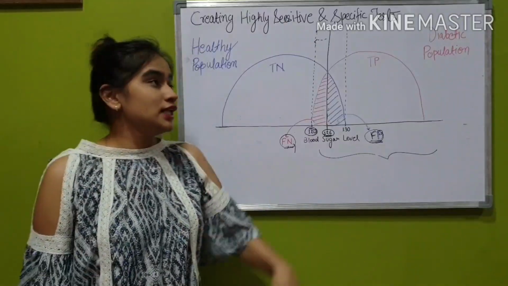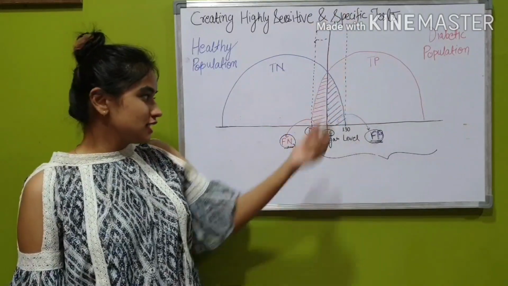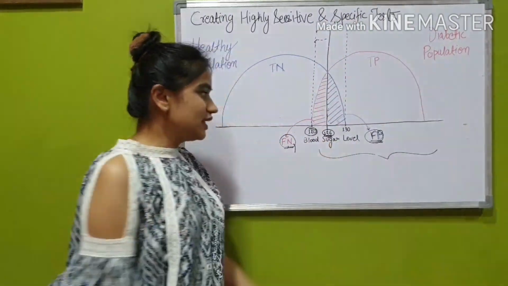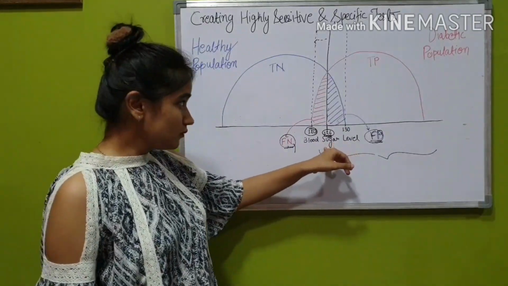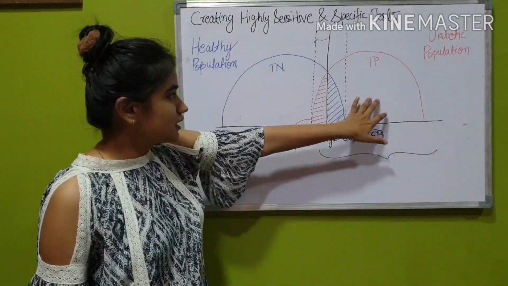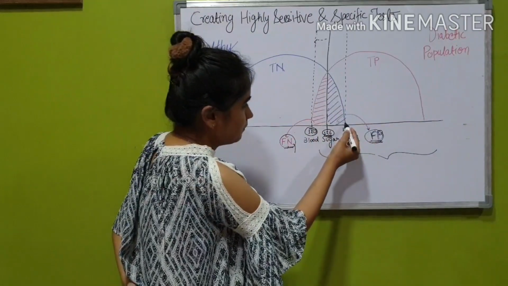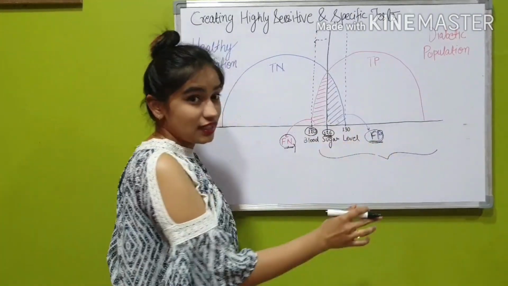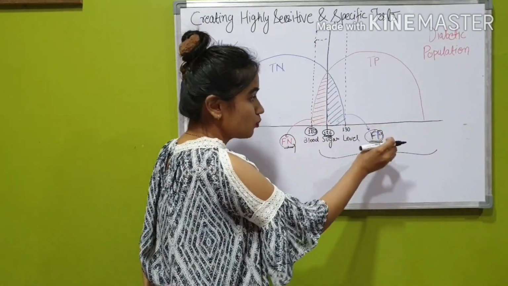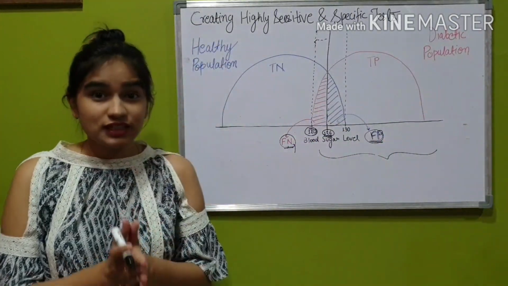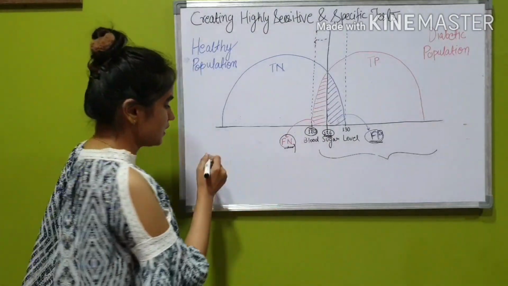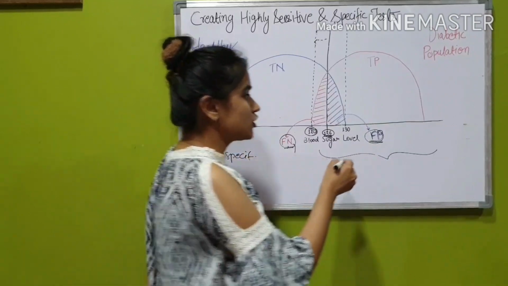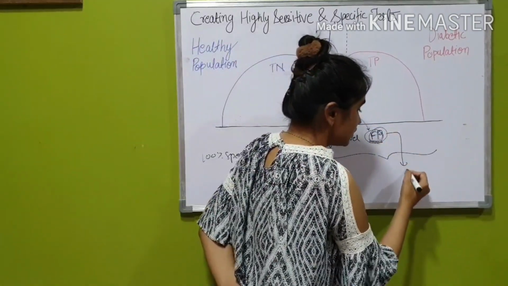Moving towards creating a highly specific test. Our original cutoff point was 126. When we set this as a cutoff, what happens is we can see over here that the people who do not have the disease tend to come positive in this case. So they are actually false positives. In order to create a test which is 100% specific, this will mean that all the false positives should be 0.